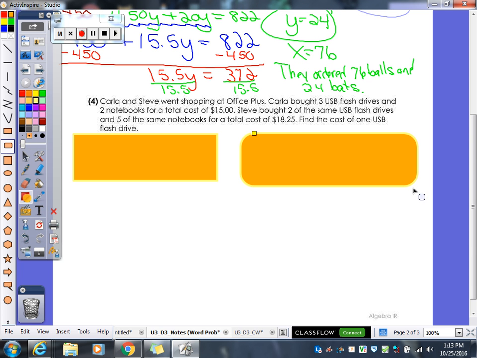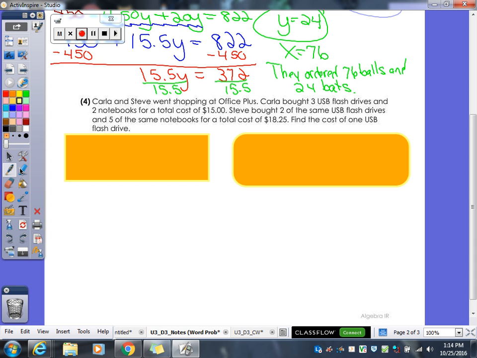All right, our let statements. We have two things that we're buying here. We're buying notebooks and flash drives. So I'm going to let F equal flash drives and N equal notebooks.